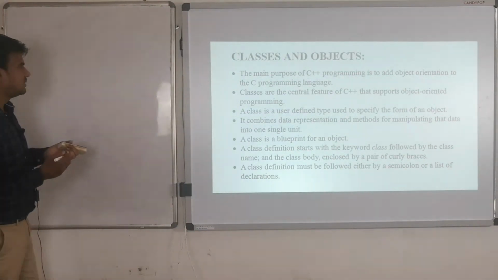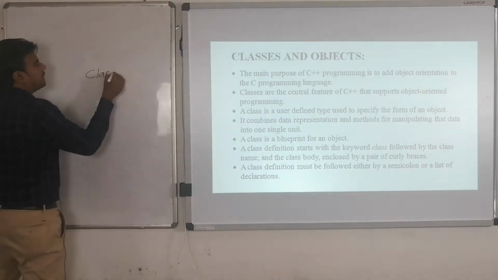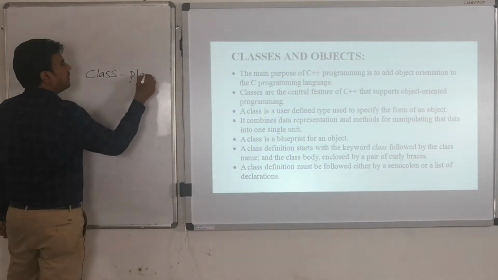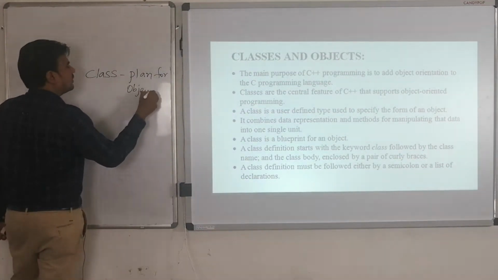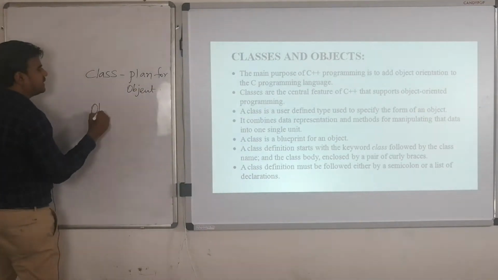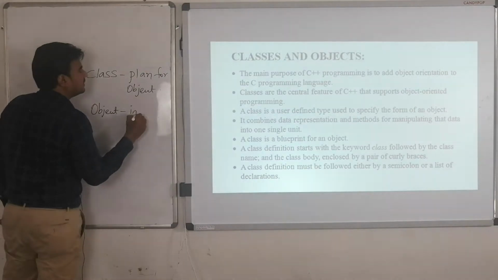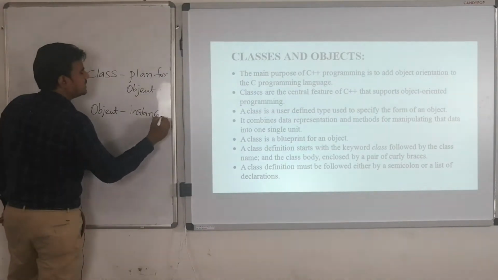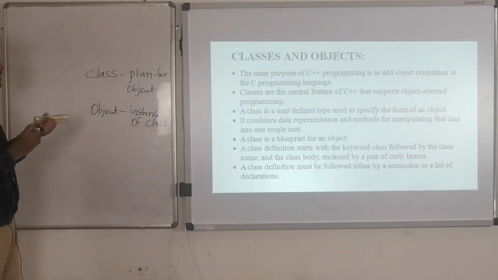So we said a class is basically a plan for an object. Then what is an object? It's an instance, or we can say an example, of a class.